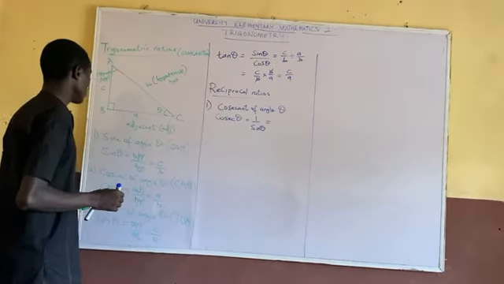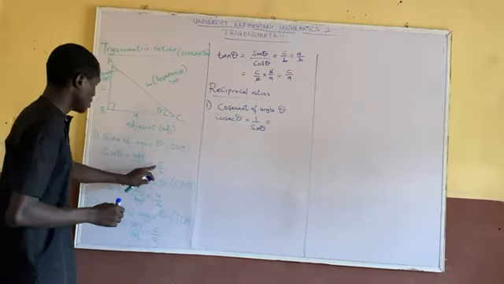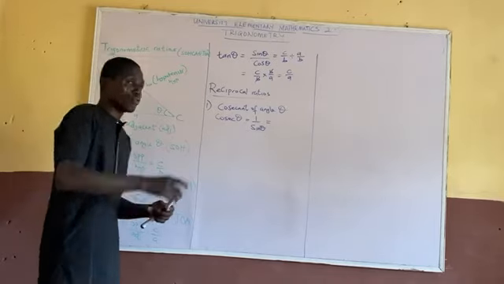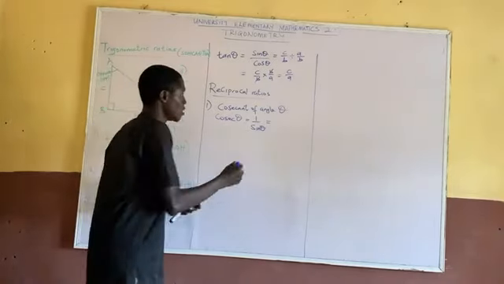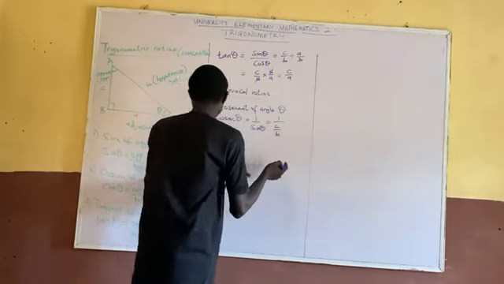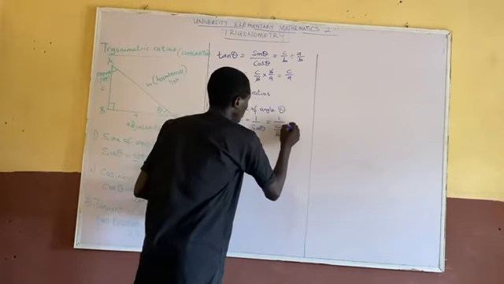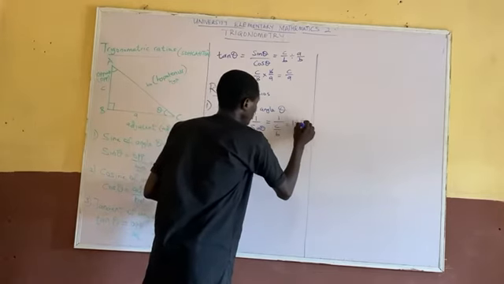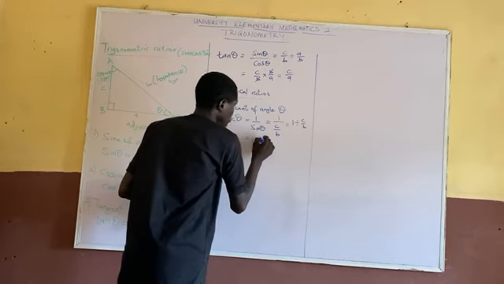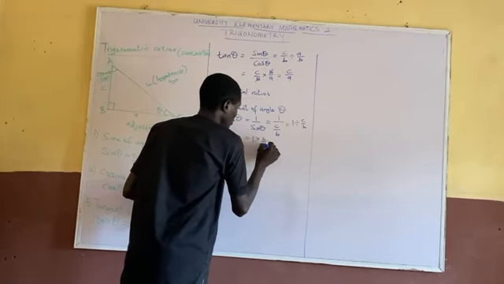When you look at it, sin theta is C over B. So it means you are going to have 1 all over C over B. When you do the mathematical expression, 1 divided by C over B is equal to 1 times B all over C, because I've changed it.